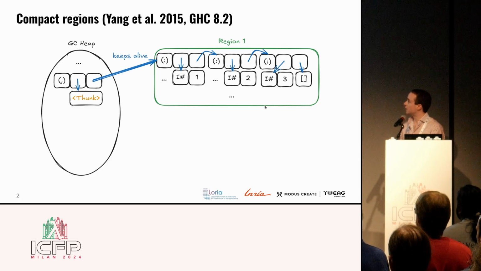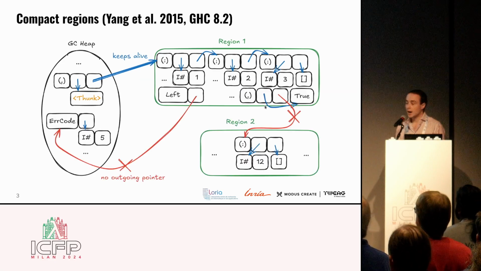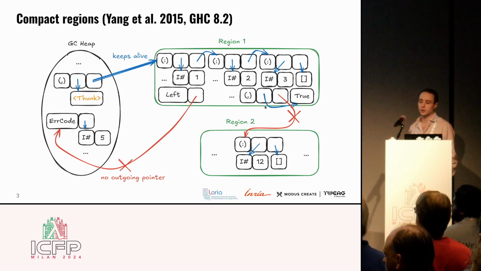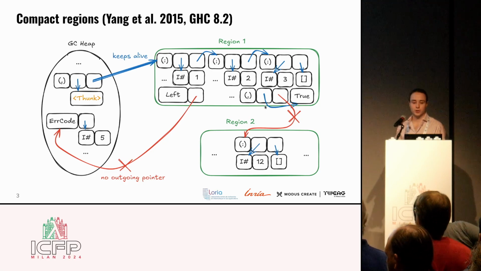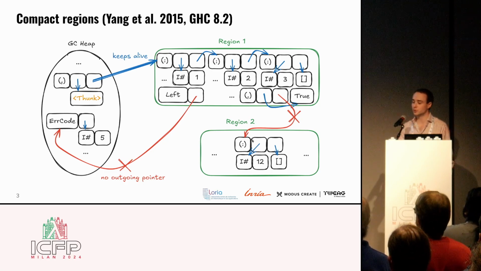And because it is not traversed by the garbage collector, it is only freed when the last pointer disappears from the GC heap to the region. It is freed as a whole. So a region must be completely self-contained. It cannot contain any outgoing pointer from the region to the heap, or from the region to another region.